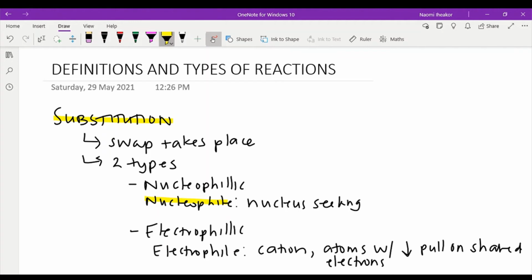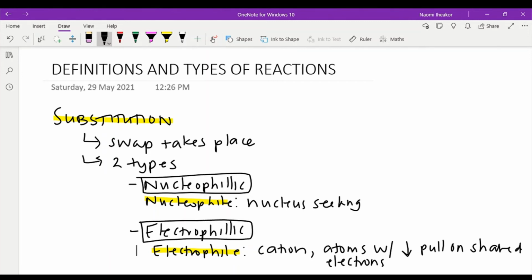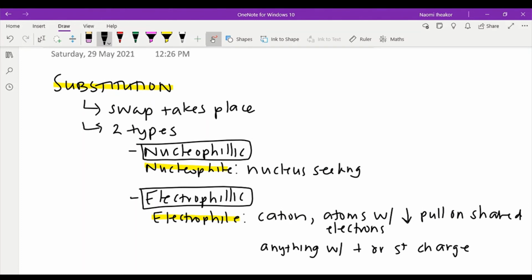So that covers our two types of substitution reactions. We've got our nucleophilic substitution reactions, and we've got our electrophilic substitution reactions. And so essentially we can summarize our electrophiles as anything with a positive or a slight positive charge.